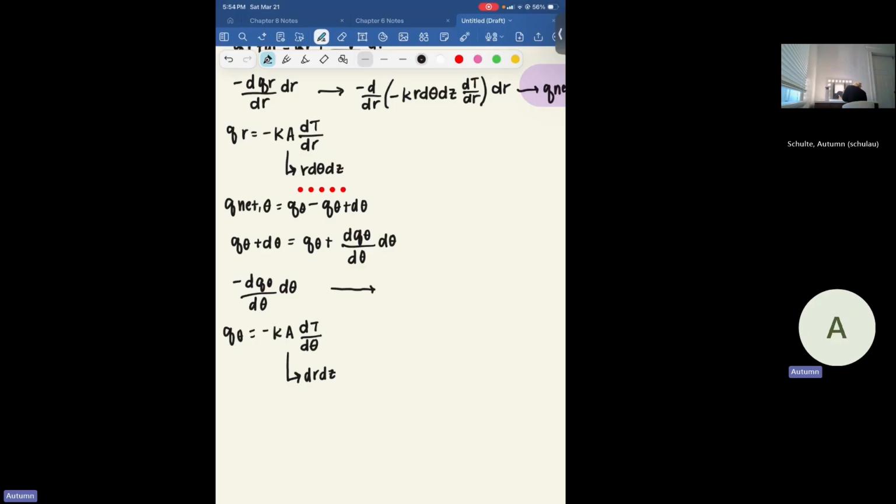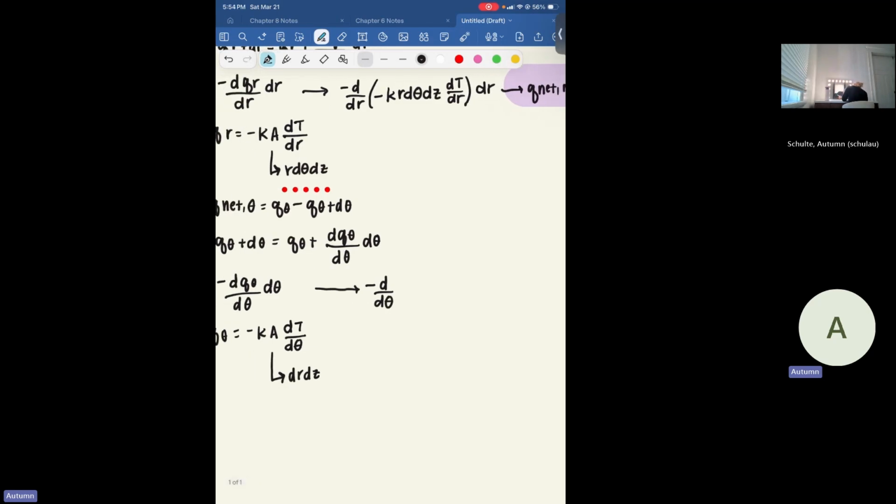So plugging this in, we're going to find that we'll have negative the differential with respect to theta multiplied by negative the thermal conductivity times dr dz times the change in temperature with respect to theta multiplied by d theta.